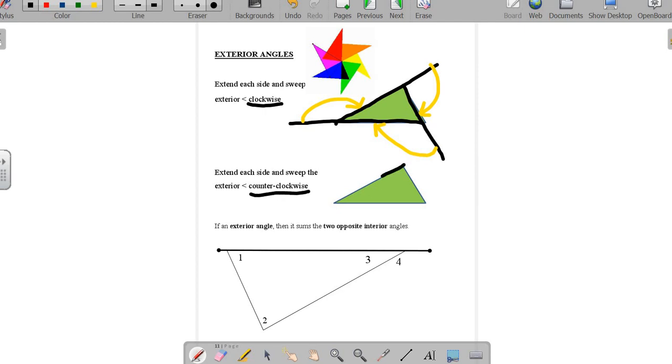Watch. Extend, extend, extend. Now we're going to sweep to the left. Those are also called exterior angles.